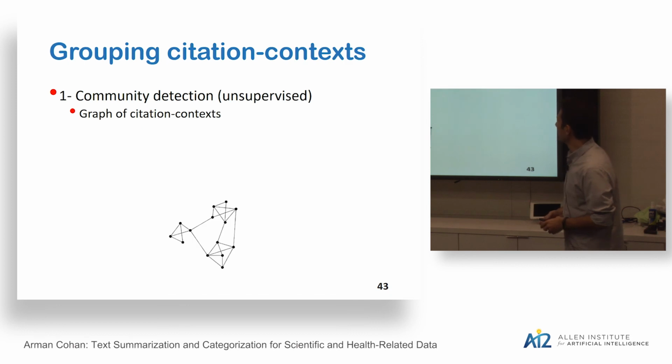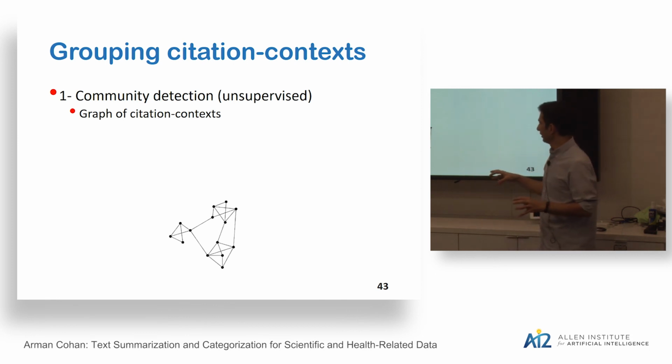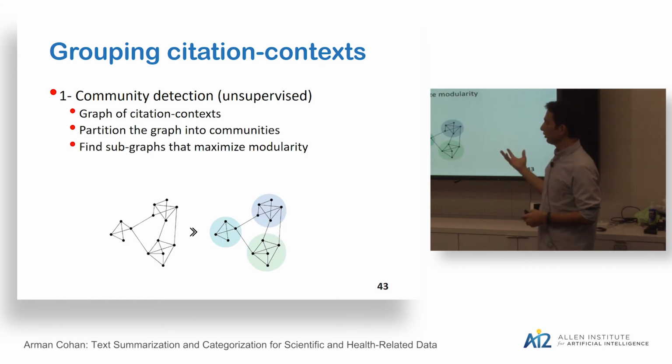So community detection is the first method for grouping citations. Let's say that we have this graph that shows the relevance of sentences to each other. Nodes are sentences, and edges are weighted similarities between them. We want to find subgraphs that are related to each other, but not related to other subgraphs.